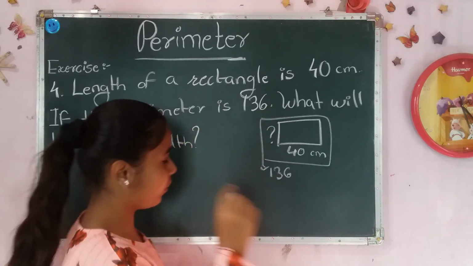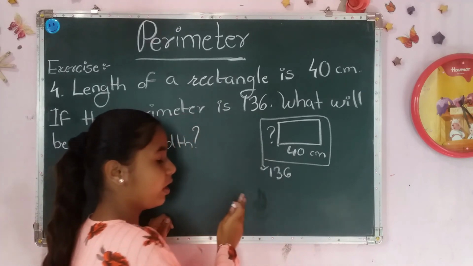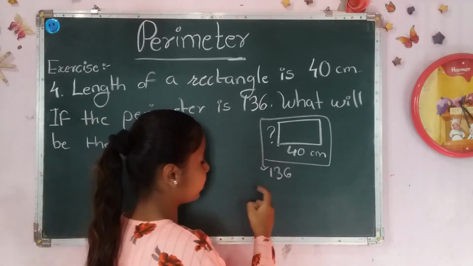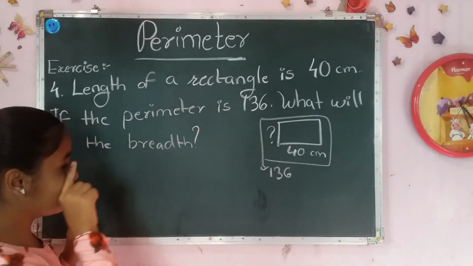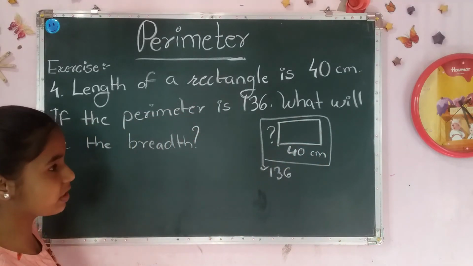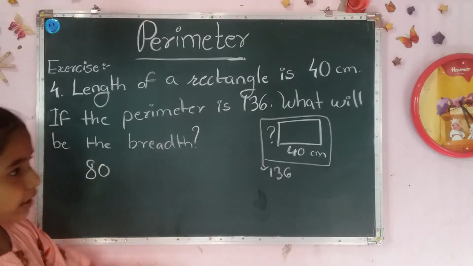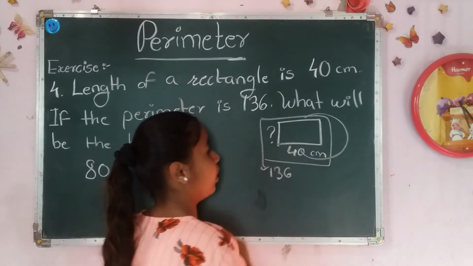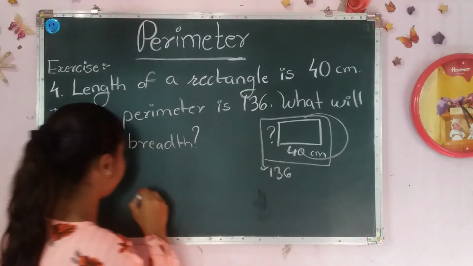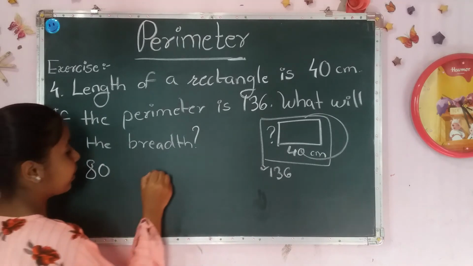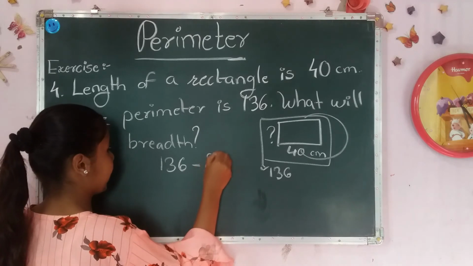Okay. So our formula for the perimeter of this rectangle is length plus breadth plus length plus breadth. Here we will take the two lengths. What will be our two lengths? 40 plus 40, it will be 80. So now we will subtract it from the perimeter, 136 minus 80.